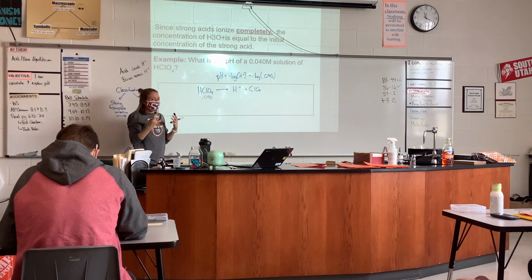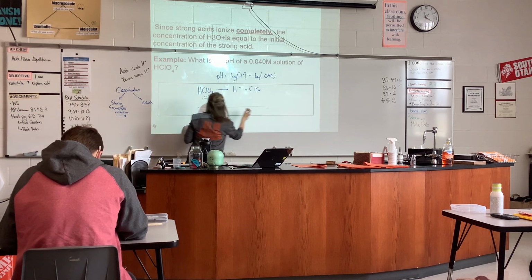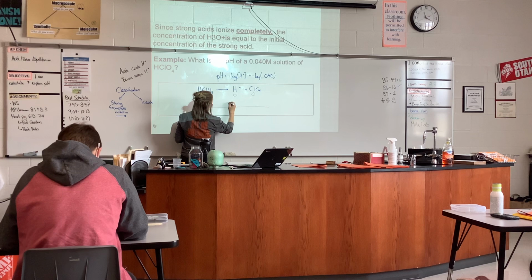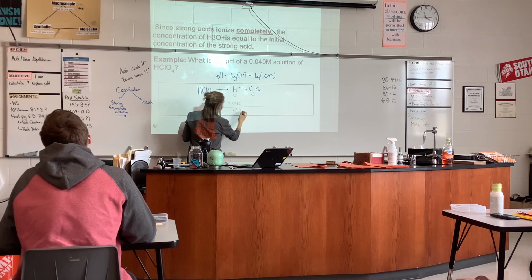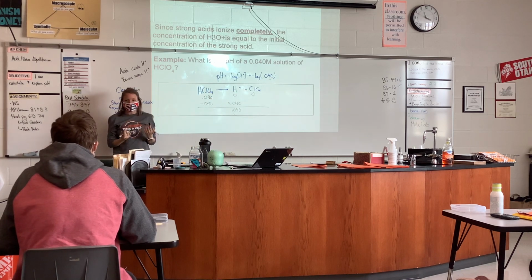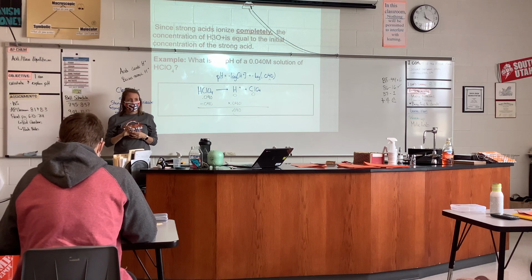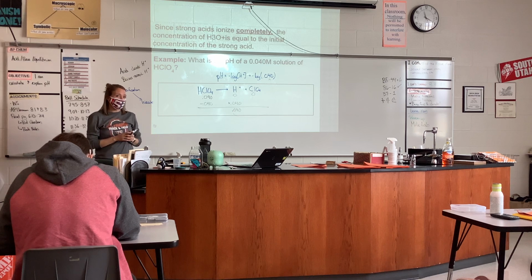But you don't even need a rice chart when it's strong, because all of this goes away and is turned into all of this. So that's where that number is coming from, process-wise. Wait, what do we label this? Molar? No, pH has no units, just a number.